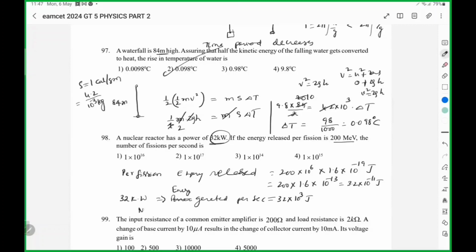So the number of fissions will be 32 into 10 cube by 3.2 into 10 power minus 11, which is 10 power 4 plus 11, 10 power 15 fissions.